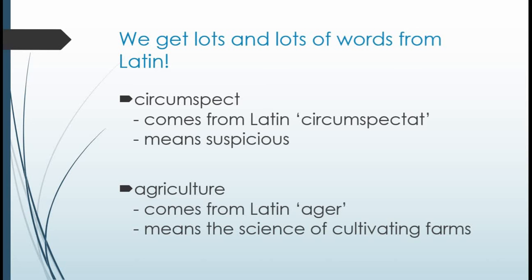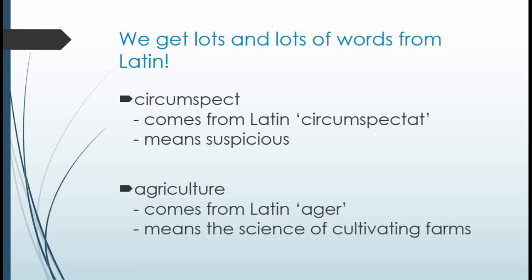This comes from the Latin word circumspectat, which you may or may not remember, means looks around. He, she, or it looks around. But in English, the word circumspect means suspicious. But can you see how we've got the English word circumspect from the Latin circumspectat?